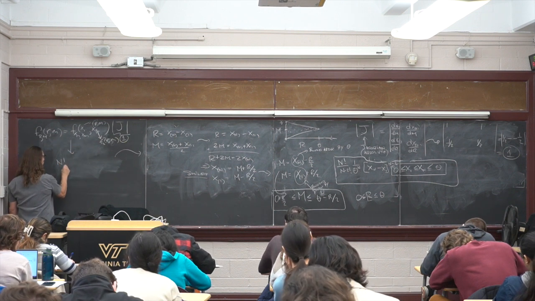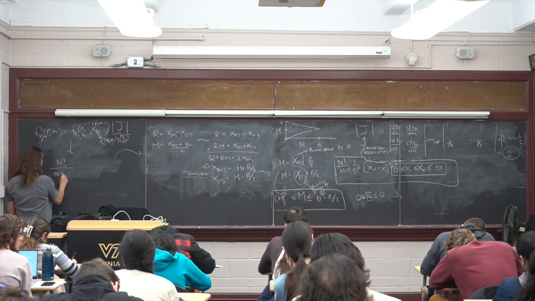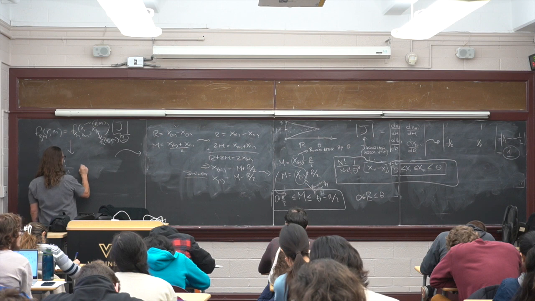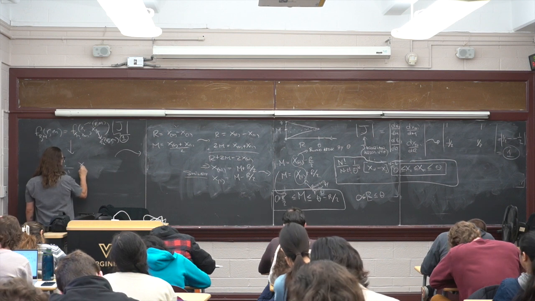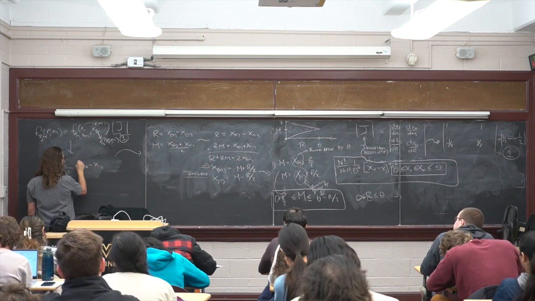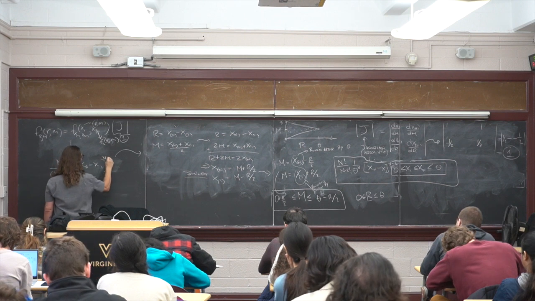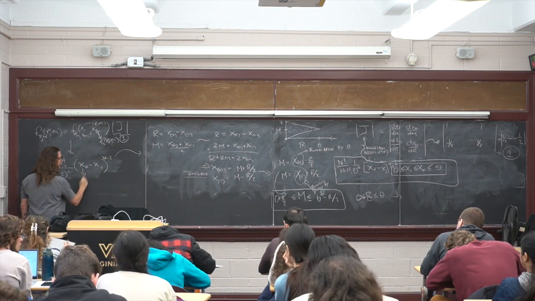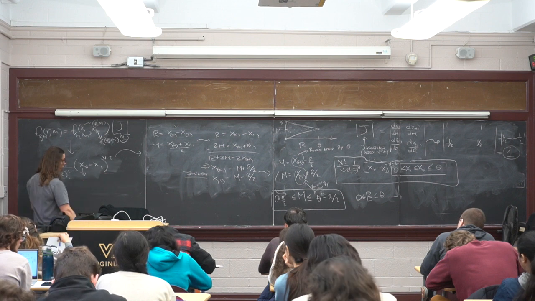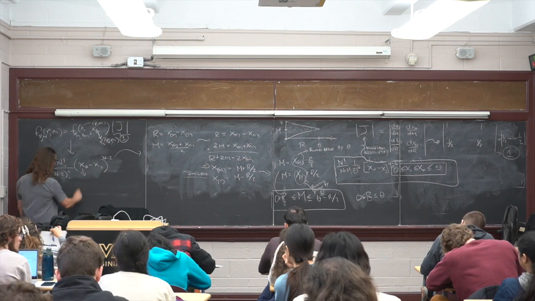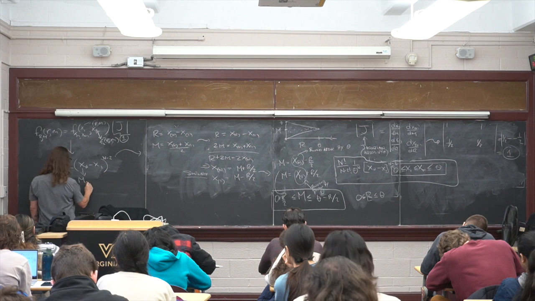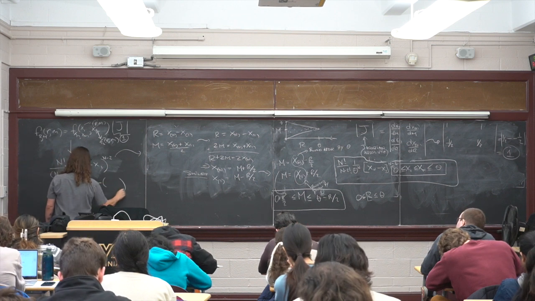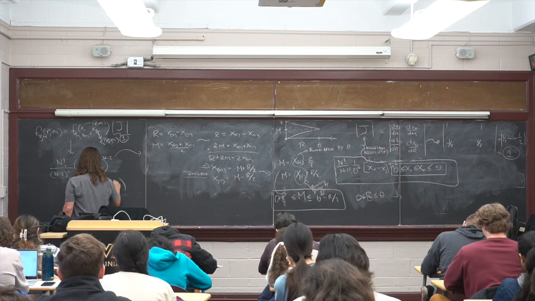This is n factorial over n minus 2 factorial. This is going to be xn minus x1 to the n minus 2. But I'm going to substitute in my definitions for xn and x1. So this is going to be m plus r over 2 minus m minus r over 2.